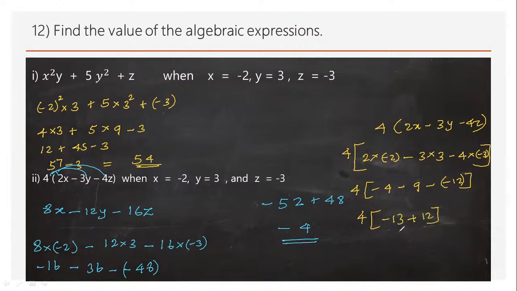What is the difference of this minus 13 and plus 12? Minus 1. Minus 1 times 4 is minus 4. Then we could obtain the same answer in this way as well as in this way. First, if it is easy for you, remove the brackets and do. If not, you can keep the bracket, then substitute, and then also you can obtain the answer here.